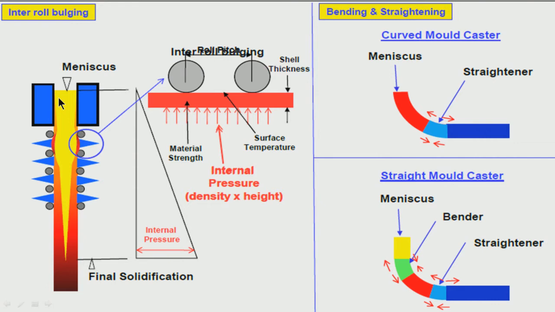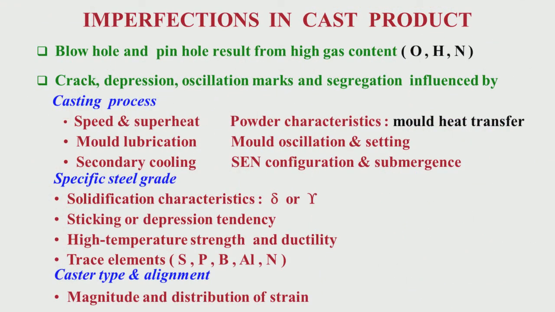That helps in lubrication, that helps in prevention of sticking, otherwise there is a possibility of this solid shell getting stuck on the mold surface, which is not desirable. So, lubrication is an important requirement, it is given either by the powder or oil.